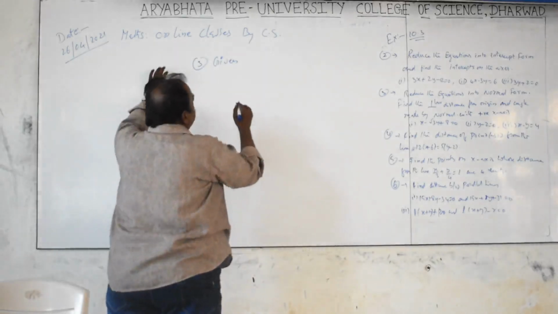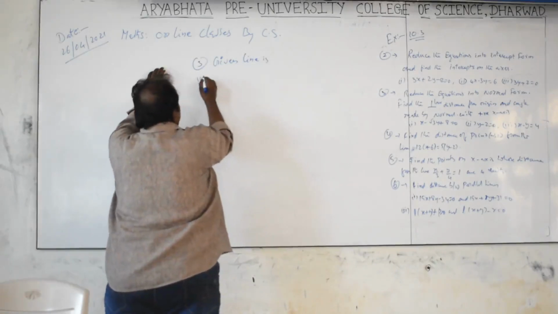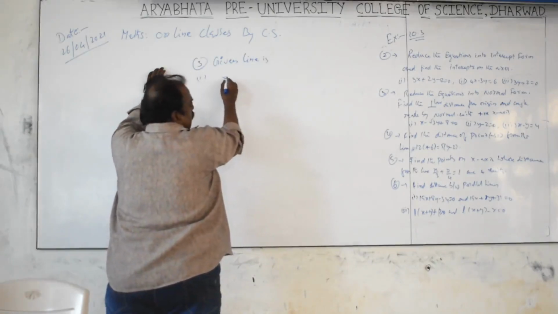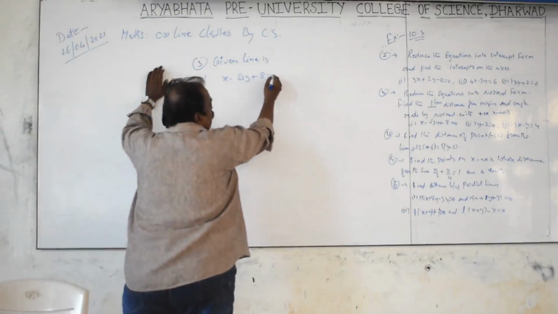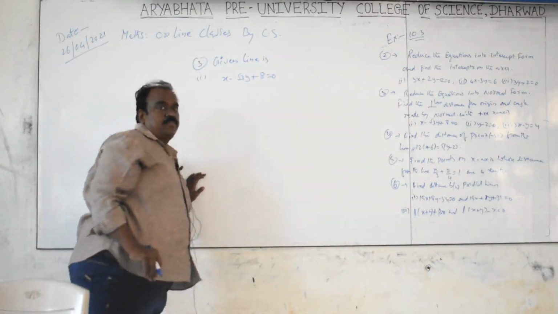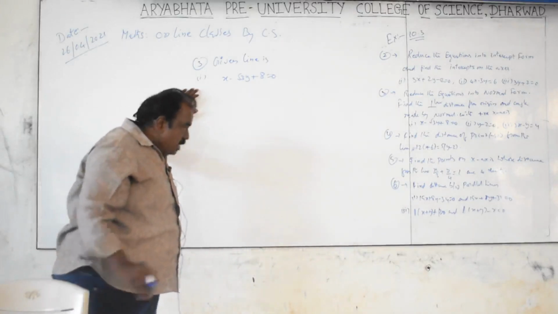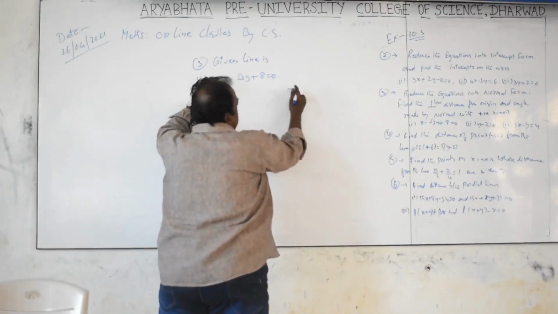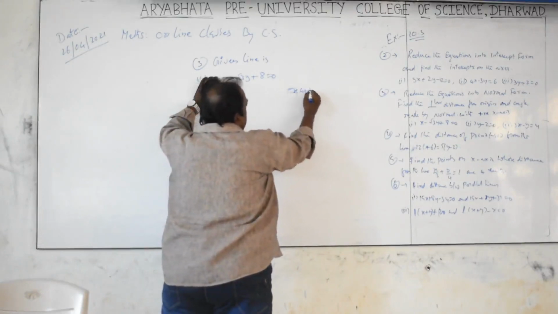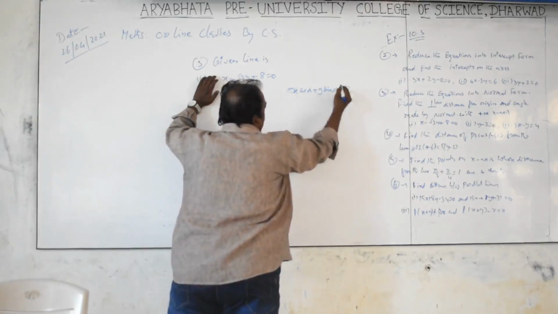Please observe me. The given line, the first one, is x minus root 3y plus 8 is equal to 0. Here we have to reduce it into x cos alpha plus y sin alpha is equal to p.